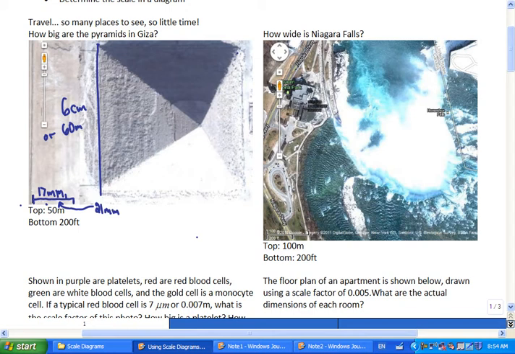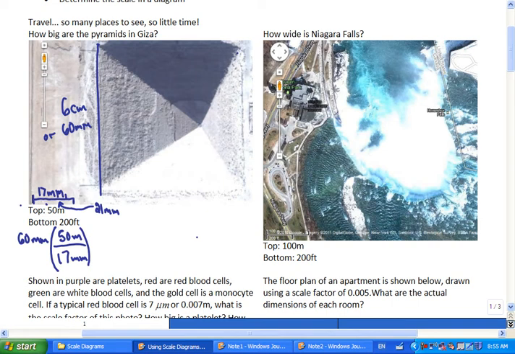let's take a look then and try to figure out what the size of this pyramid would be. So if I have 60 millimeters, and I want to get it into meters, there are 50 meters in my diagram for every 17 millimeters that we measured.